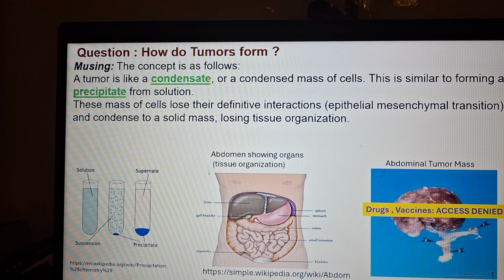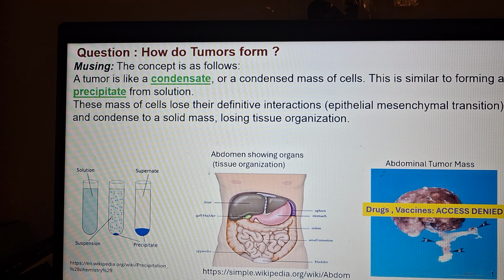And students in the field of tumor biology will be told it's an uncontrolled growth of cells which form a mass. So the observation leads us to this kind of musing that a tumor is like a condensate, or a condensed mass of cells.